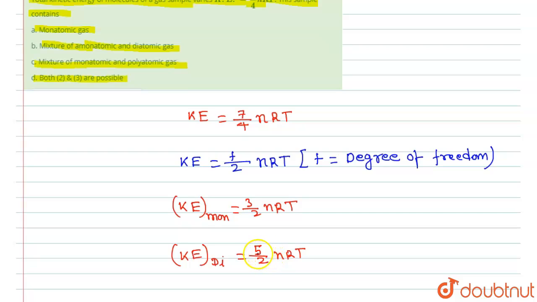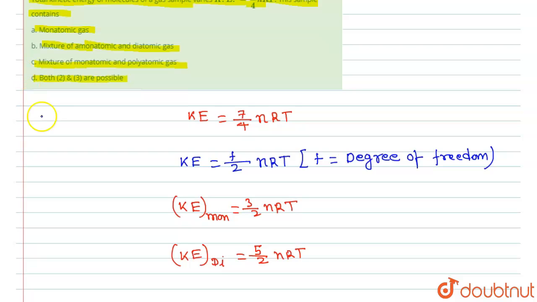Now the kinetic energy that is given is 7 by 4 nRT. So this is not for monoatomic and not for diatomic. It may be a combination of monoatomic and diatomic, or monoatomic and polyatomic. So we have to check.